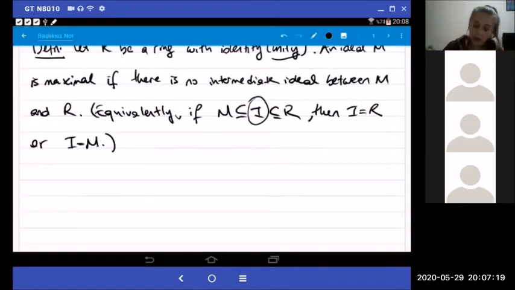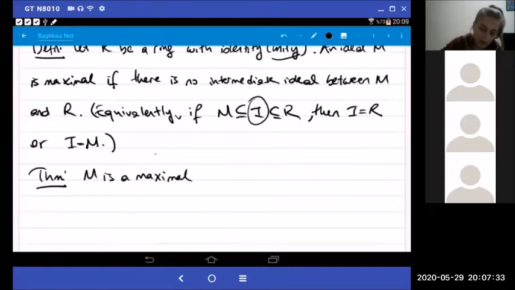Or we have something like this as a theorem. You can also use this one. M is a maximal ideal of R. Of course, here we have R is a commutative ring with 1.